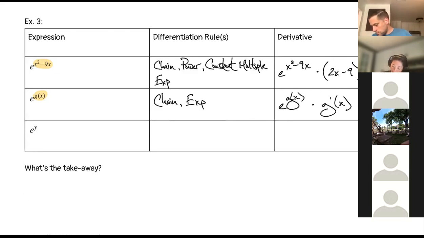Now, last but not least, what am I going to do for e to the y? Good, chain and exponential. All right, and how would we write the derivative of e to the y?